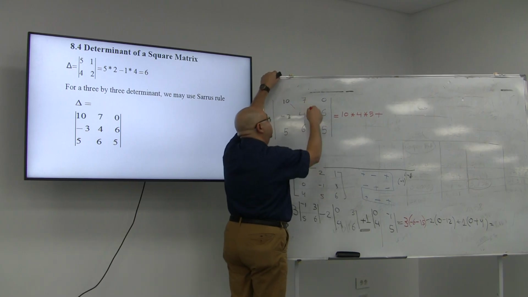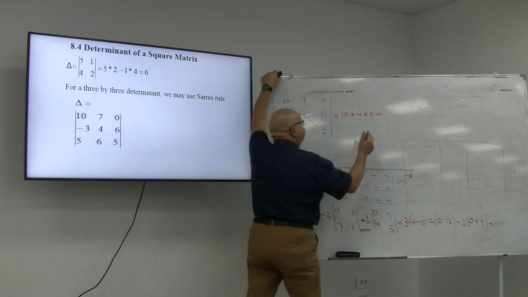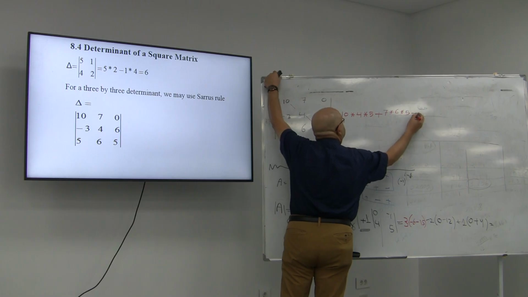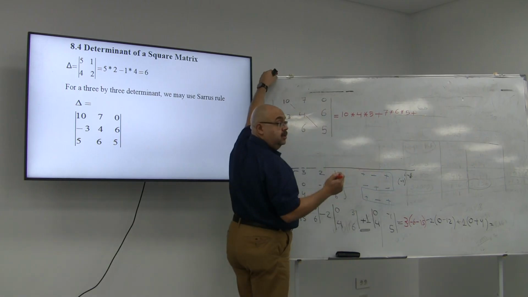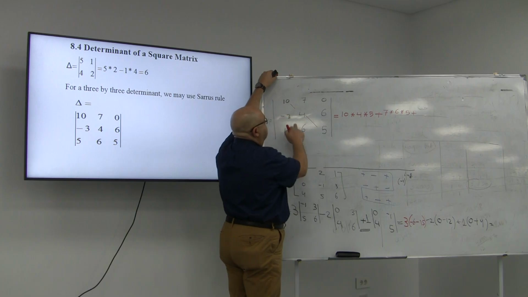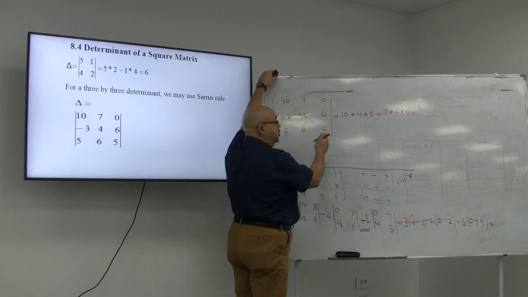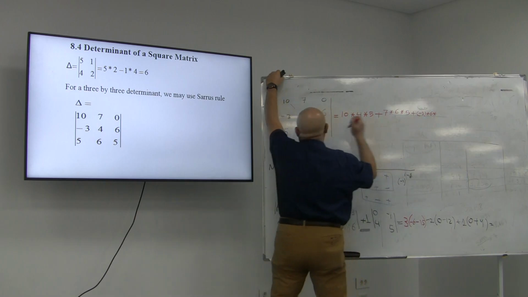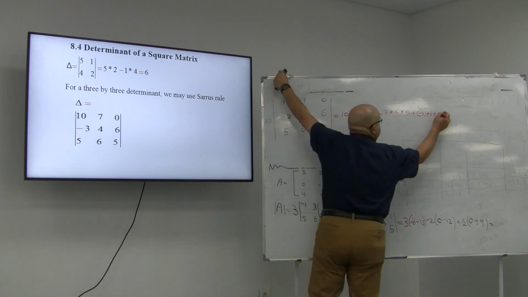Look, 7 times 6, then times 5. Once more, do it, but from the lower base of the lower triangle to the upper vertex. So it's going to be -3 times 6, then times 0.